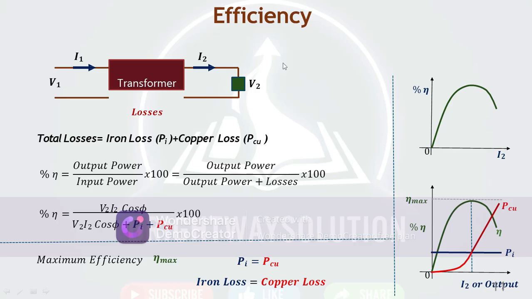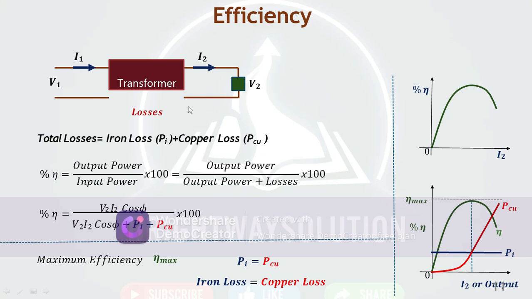Next term is efficiency. Transformer efficiency. How efficient is the transformer? The formula for efficiency is output power upon input power into 100. Output power upon output power plus losses is nothing but the input power.